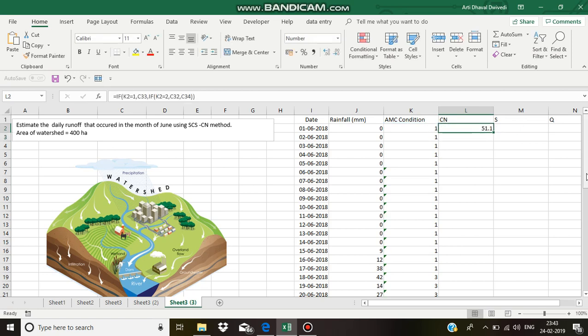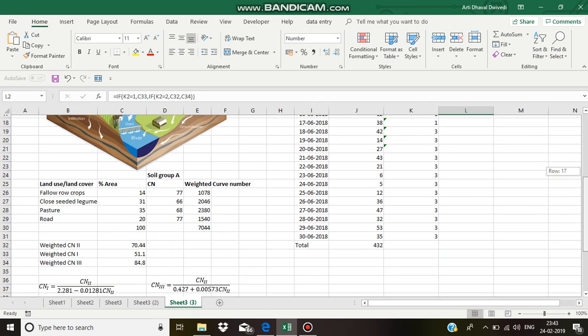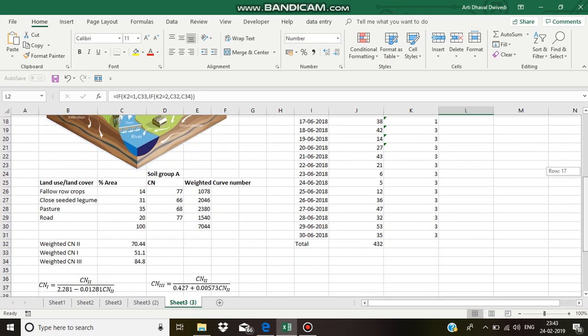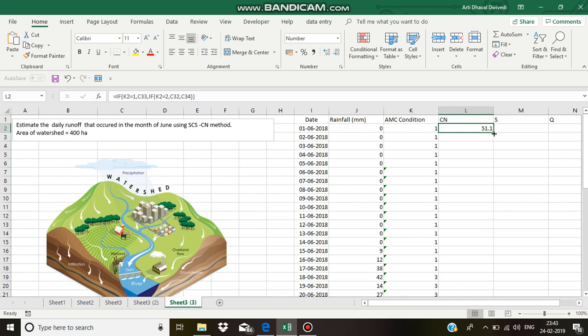So curve number 51.1 corresponds to weighted curve number 1. Let me drag this down. First, I need to anchor these values. If K2 is equal to 1, then the curve number 1 value will be inserted into the cell.